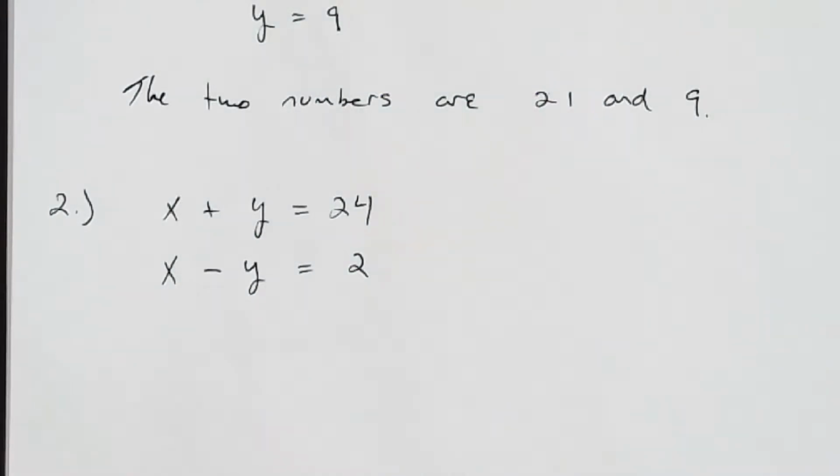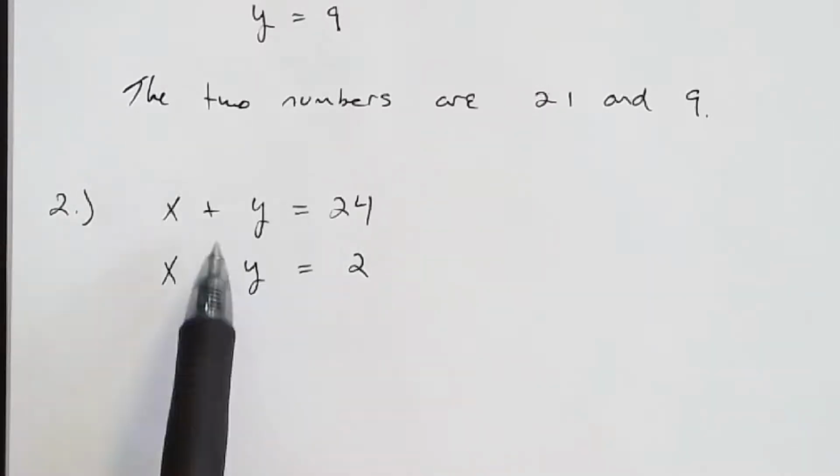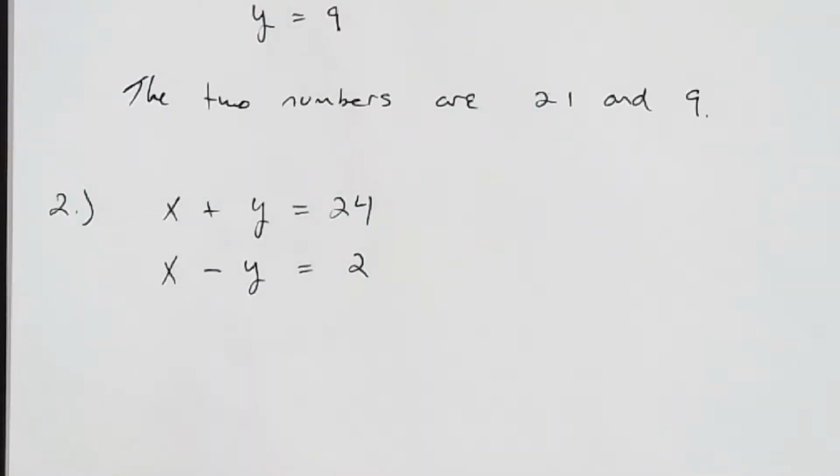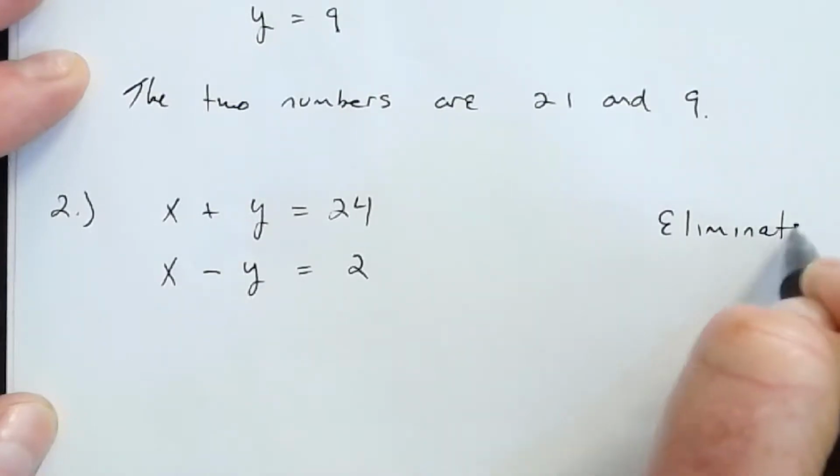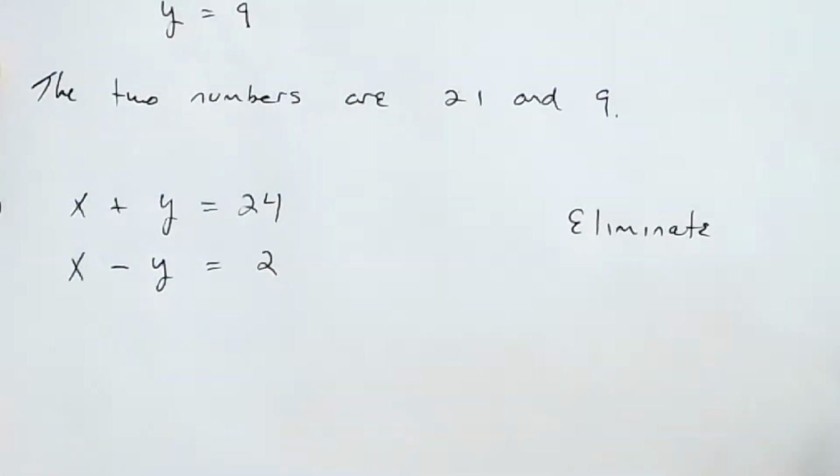We want to eliminate a variable. Which variable is the best candidate to eliminate? The y's. One's positive, one's negative. There's nothing we need to do. We just add them directly together. So eliminate the y's.